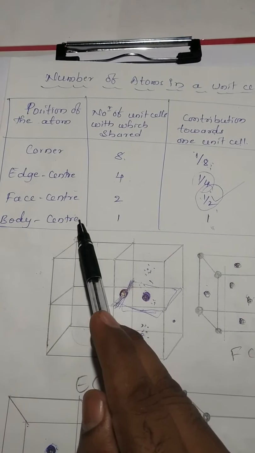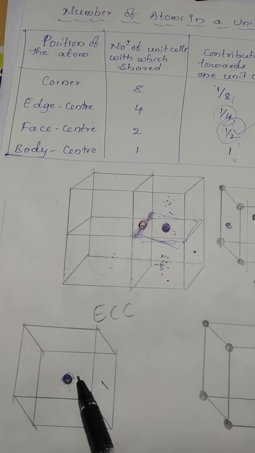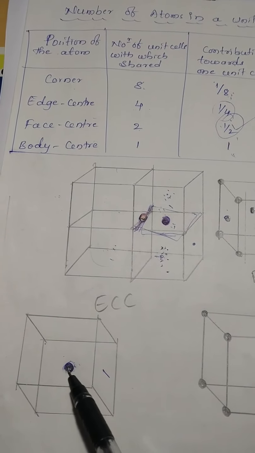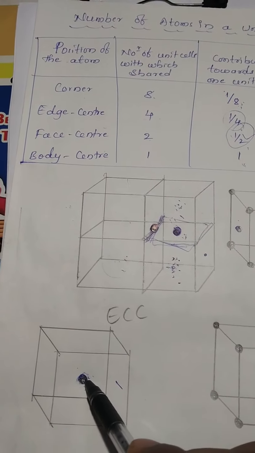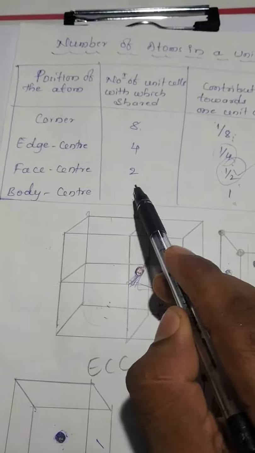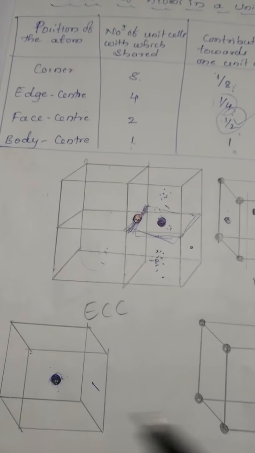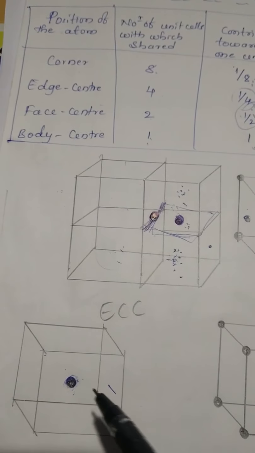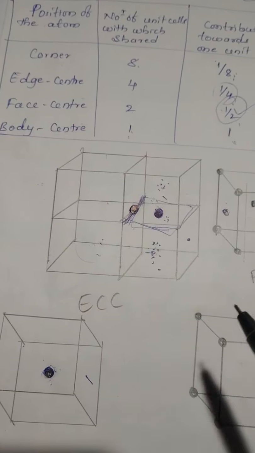Similarly, body centered. If the particle is present at the body center, then it is shared by only 1 unit cell. It is not shared with any other unit cell. It is present only in 1 unit cell, in the middle portion of the unit cell.